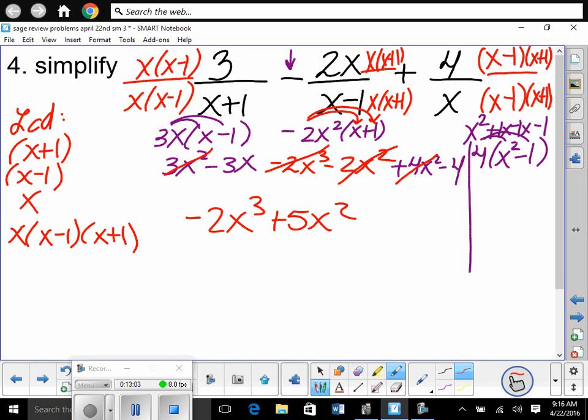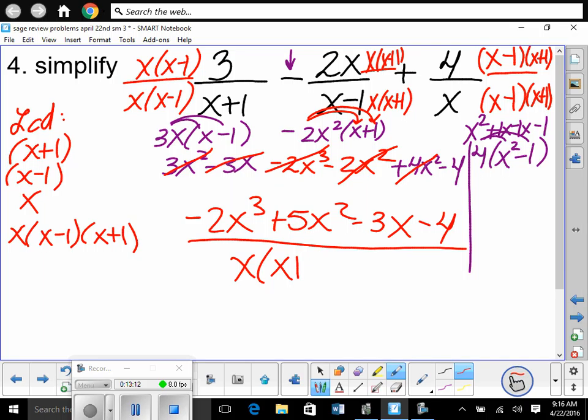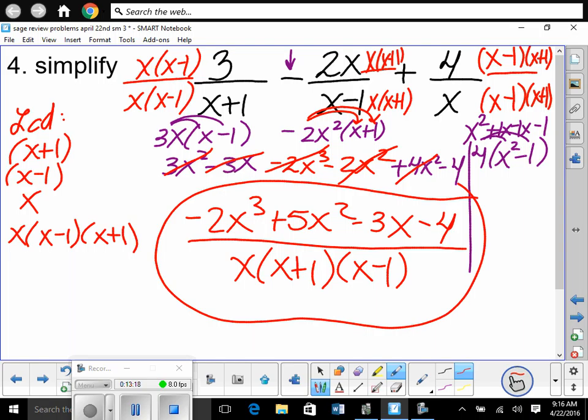And then negative 3x minus 4, and it's all over the common denominator of x times x plus 1 times x minus 1. Questions? Then you would simplify it if possible, but this one doesn't simplify. Questions? Okay.